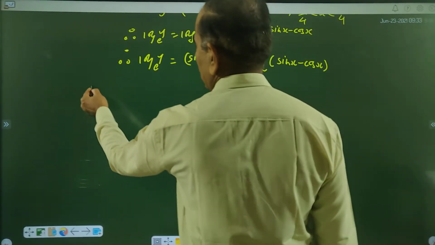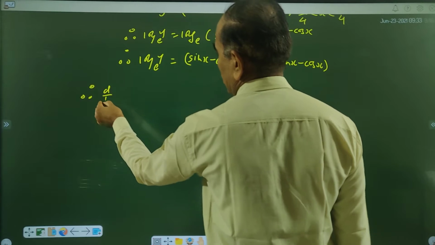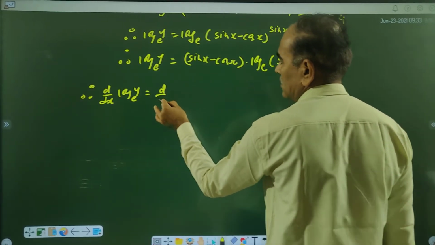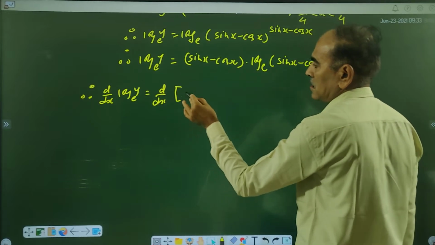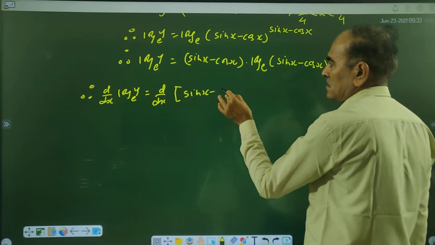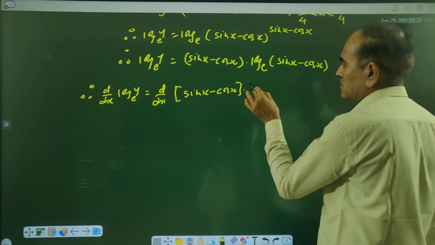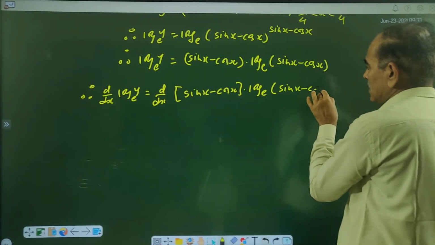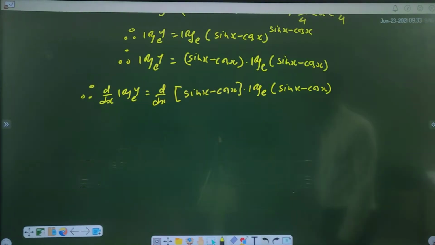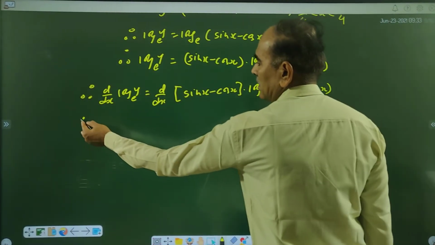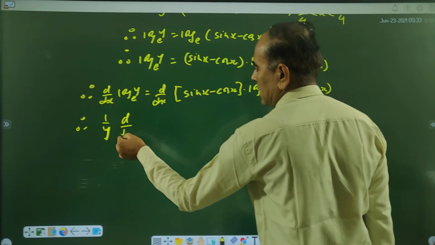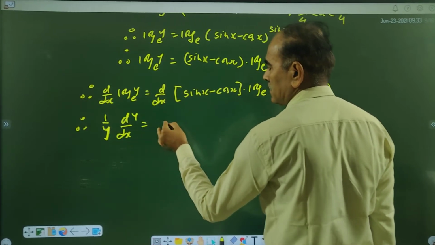So what do we get? d by dx of log y base e is equal to d by dx of (sin x minus cos x) into log base e of (sin x minus cos x). So what do we get here? 1 by something, d by dx of something.